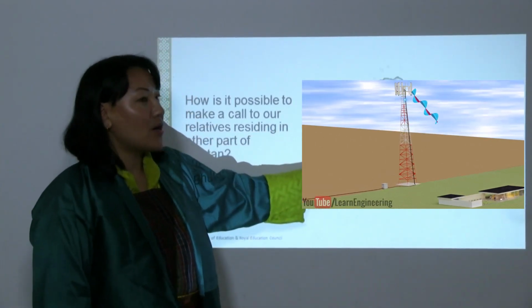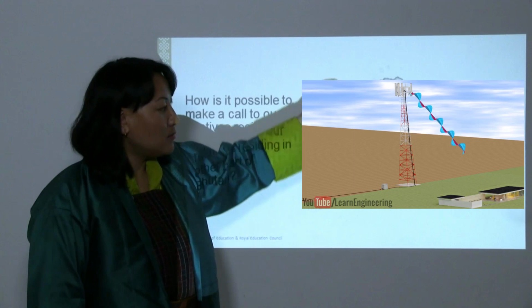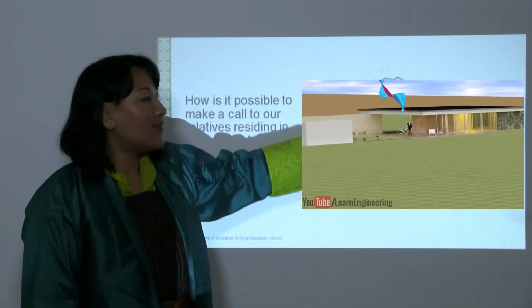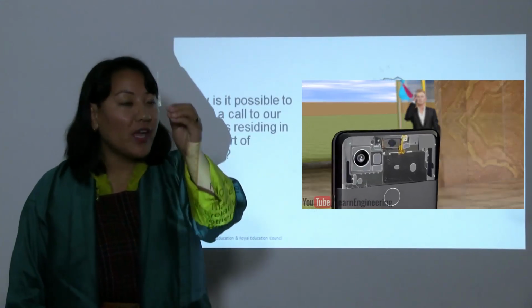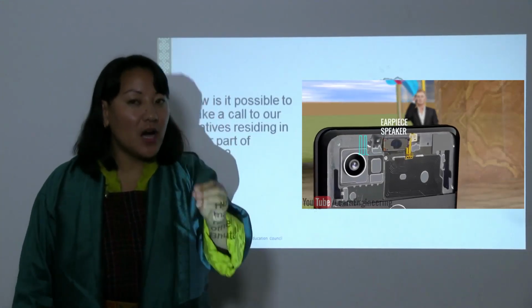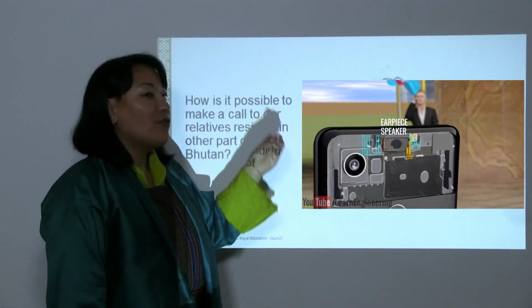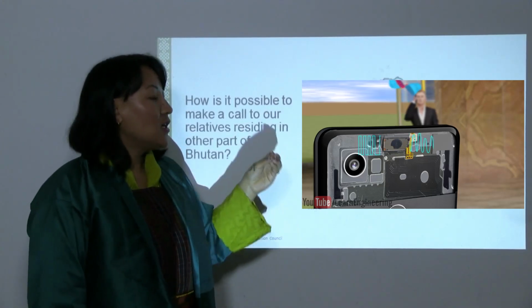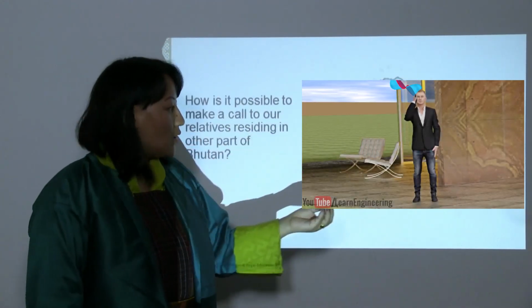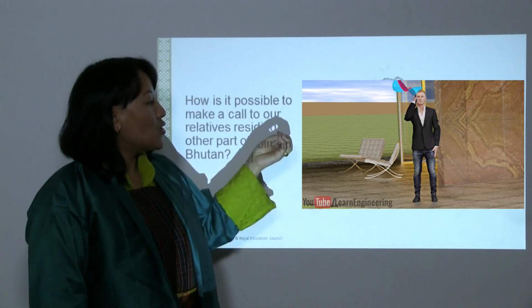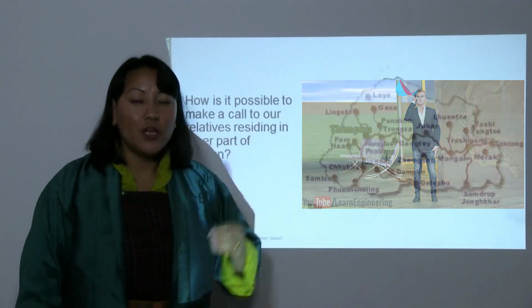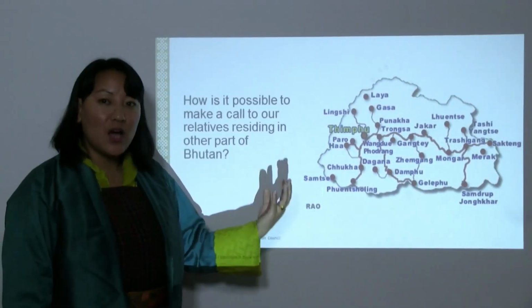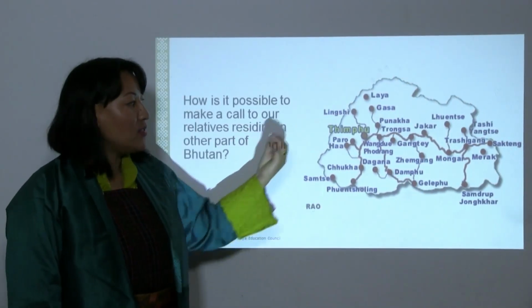From that tower, the electromagnetic wave in the form of signal is given to the receiver's mobile phone antenna. And that's how you can call, video call, and send images to your cousins, your parents, and relatives who are in other parts of Bhutan. This is how the communication is done within Bhutan.